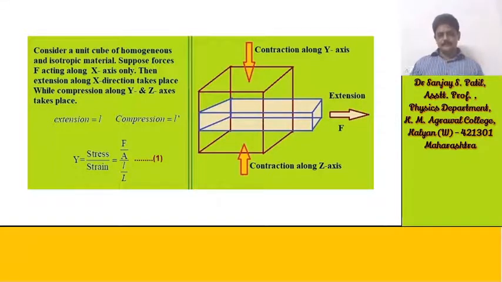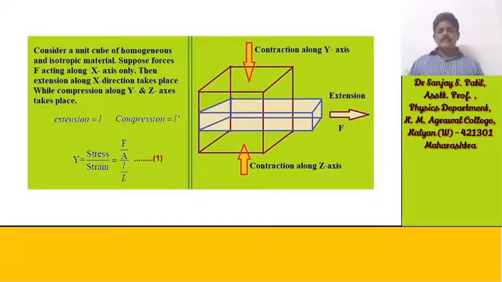Suppose force F acts along the x-axis only. Then extension or elongation along the x direction takes place only, while compression or negative elongation takes place along the y and z axes. Extension is denoted with the letter small l, and compression or negative elongation is denoted with L dash.